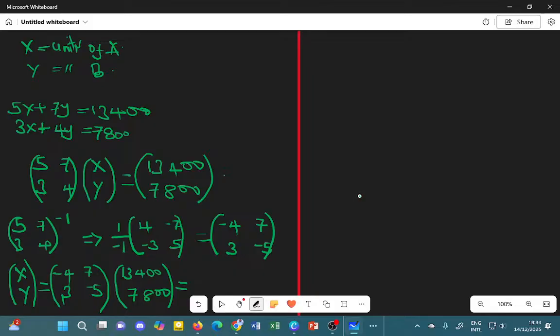It's row by column, which means you pick a row, this is a row and this is another row, and this is a column.